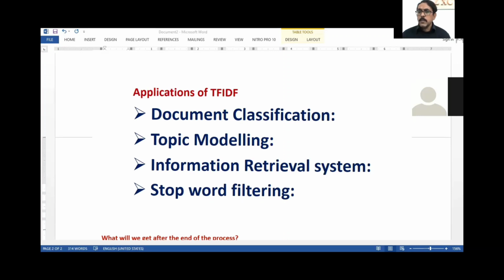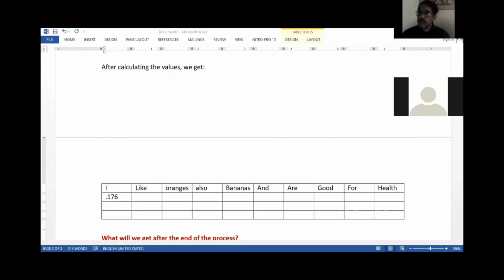Now let's move on to the applications which use TF-IDF. Number one is document classification. You can classify a document by what type it is. Maybe you find documents on the internet and you have to find out which subject they belong to. You want to classify them, that this is for commerce, this is for science, this is for this particular subject.